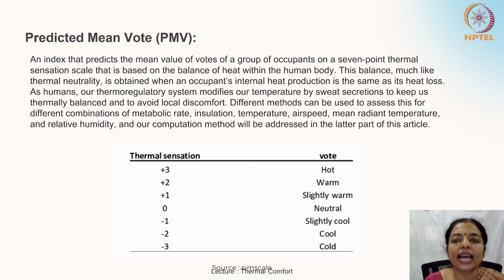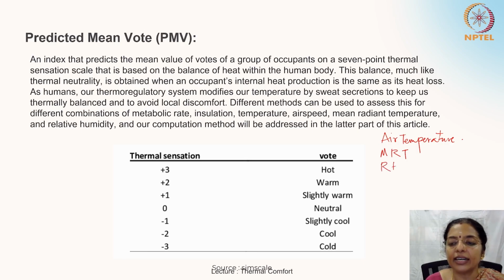It is calculated using factors such as air temperature, which is the temperature of the air surrounding the occupants.